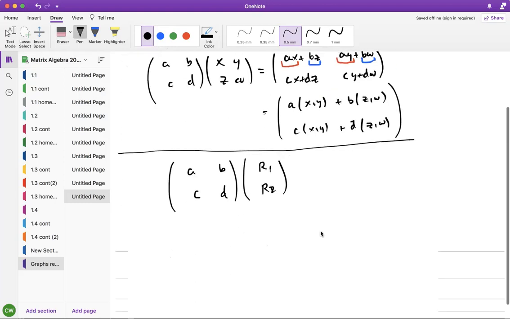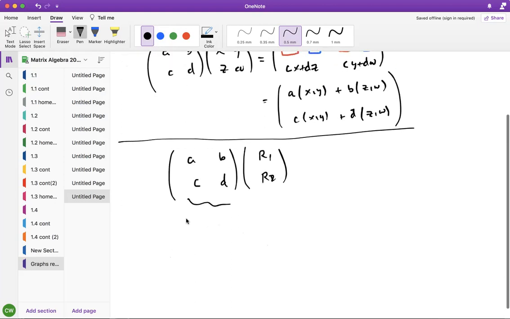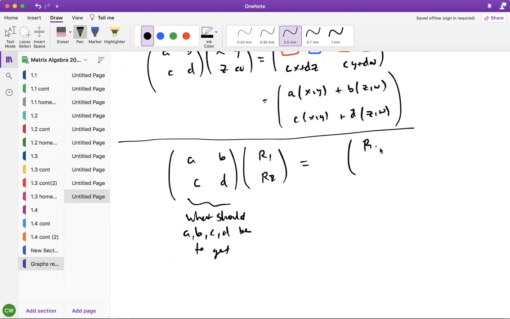Like what should A, B, C, D be to get row 2, row 1, or to get alpha row 1, row 2, or row 1, alpha row 2, or row 2 plus alpha row 1.